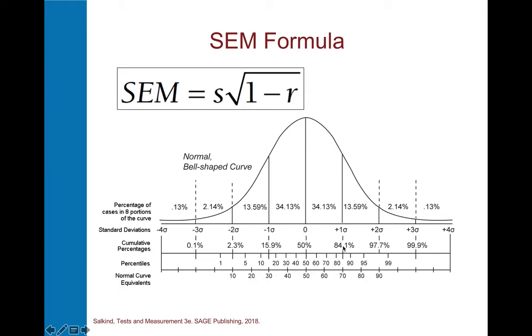If you take 84% minus 15.9%, it's about 68%. We can be 68% confident that his true score is going to fall within plus or minus 1 standard deviation.